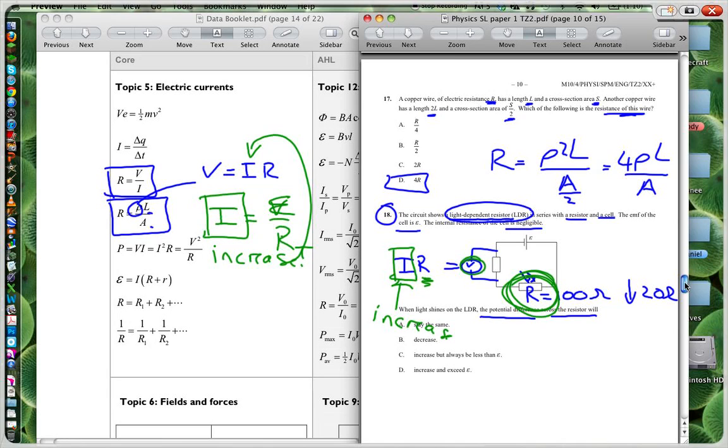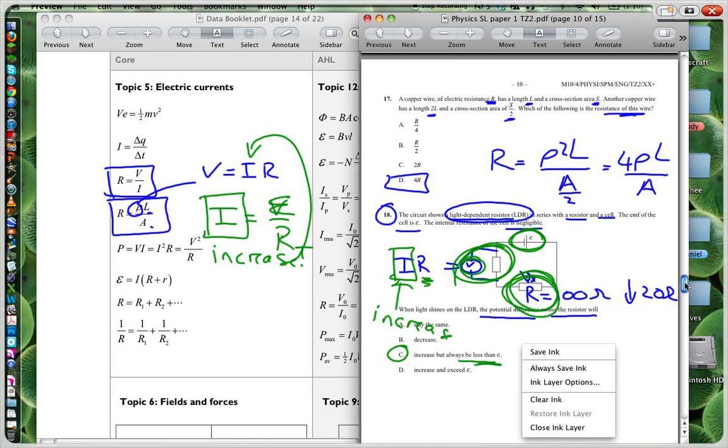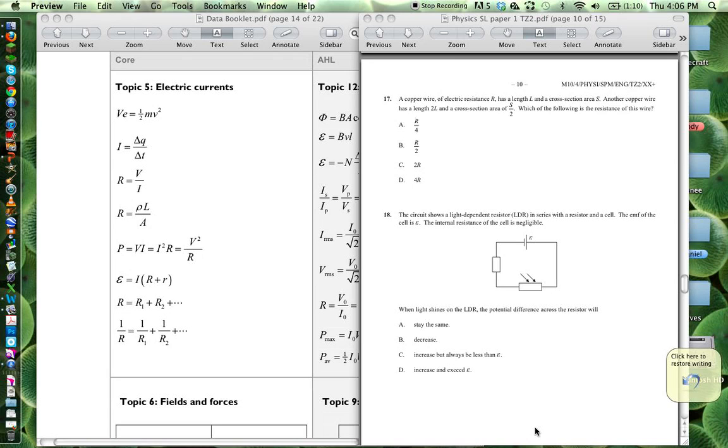But it will increase, but always be less than E. You cannot have more energy being used up in a resistor than actually supplied by the cell, because this is the energy provider. This can only use up as much energy as provided. So it will increase, but always be less than or equal to E. So C is your correct answer for that.